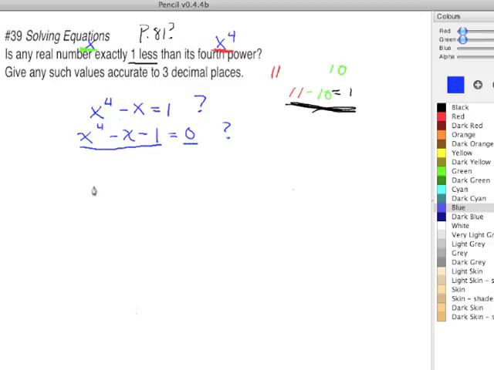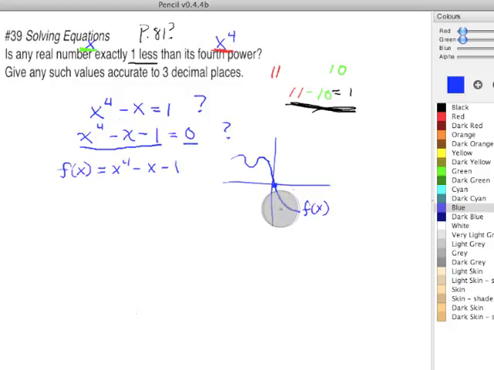Let's graph f of X equals X to the fourth minus X minus 1 and see if it ever crosses the x-axis. Because when a function crosses the x-axis, that is when the function equals 0.